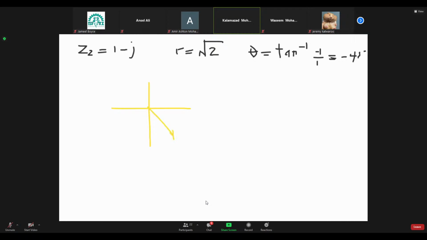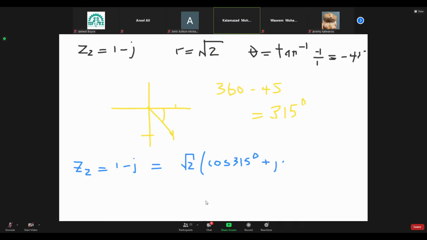All right, 1 minus J. So our angle is in fact 360 minus 45. All right, 315 degrees. So, agreed?